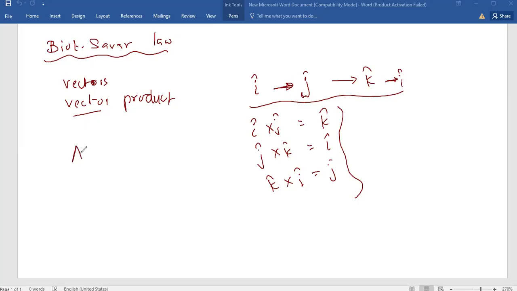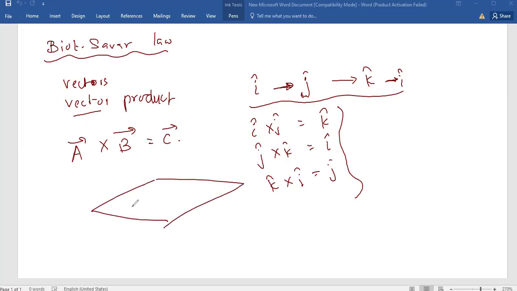And if we have two vectors A and B, and we do the cross product, and let's say the resultant is C vector, then C vector must be perpendicular to the plane in which A and B lie. A and B need not be perpendicular to each other.